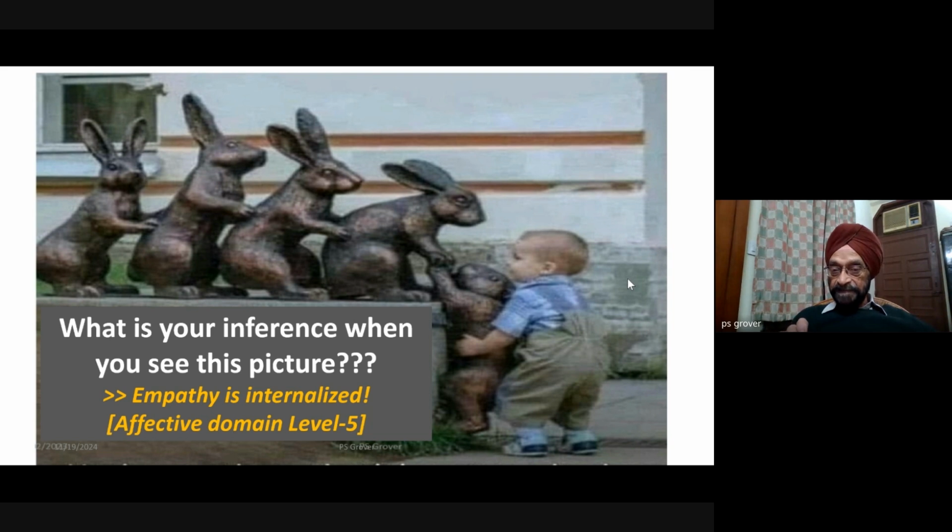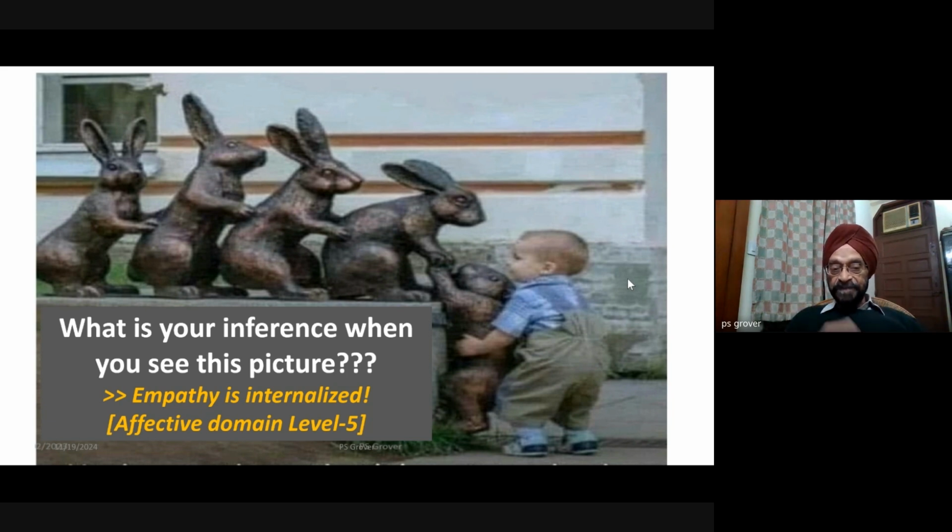All he understands is that this little rabbit is a child who is not with his mother or father, and the mother is trying to pull him up. No one has told him anything. Nature has given us this value system in this kid.